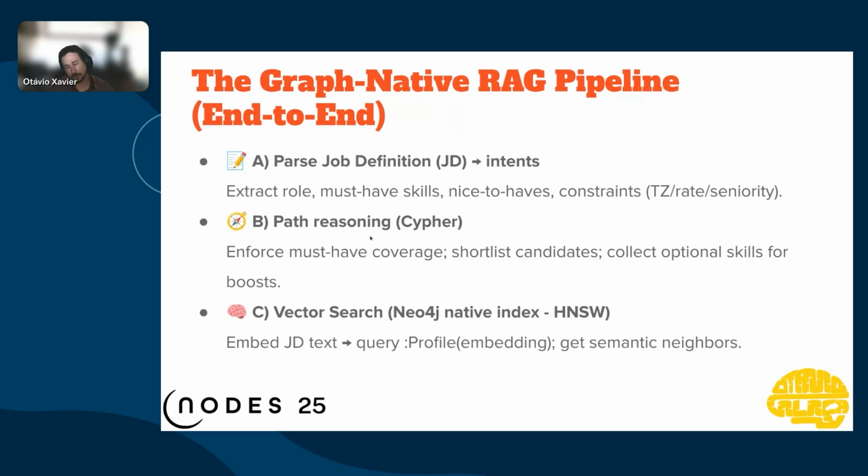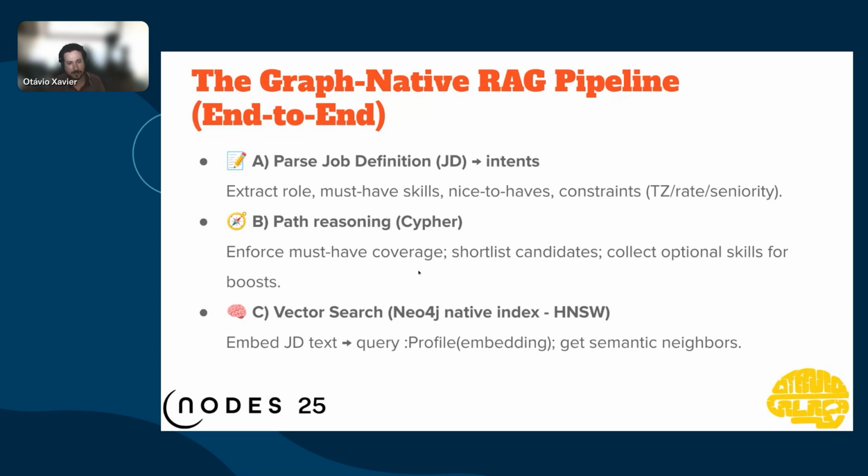nodes. So what will be the complete pipeline in this case? The first step is to parse the job definition. During this parse, we will get the nice to have, the must have, the entities, and all the things we can use in the deterministic query. Then we create this deterministic query by this path reasoning.